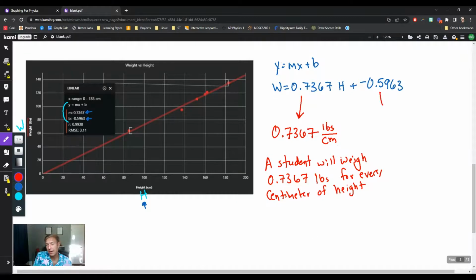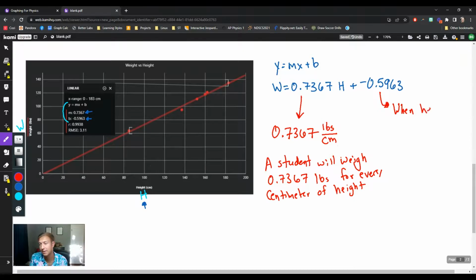Now let's talk about this y-intercept. This one looks a little bit weird. It's got that negative out in front. So what does that mean? Well, in this case, the y-intercept is when the height is 0. The y-intercept is always when the x variable is 0. So in this case, the x variable is height.